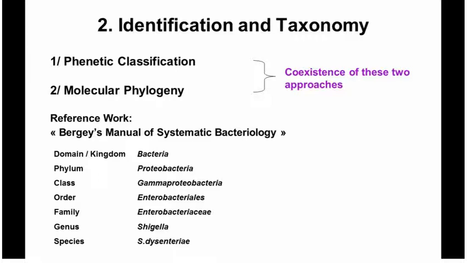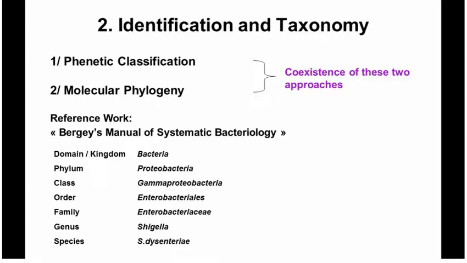Now, these two approaches coexist, and they've been synthesized by the big reference work in bacterial taxonomy, which is Bergey's Manual of Systematic Bacteriology. And the idea is that all species will be grouped together in genera, and then several related genera in one family, then different families in an order, and so on.